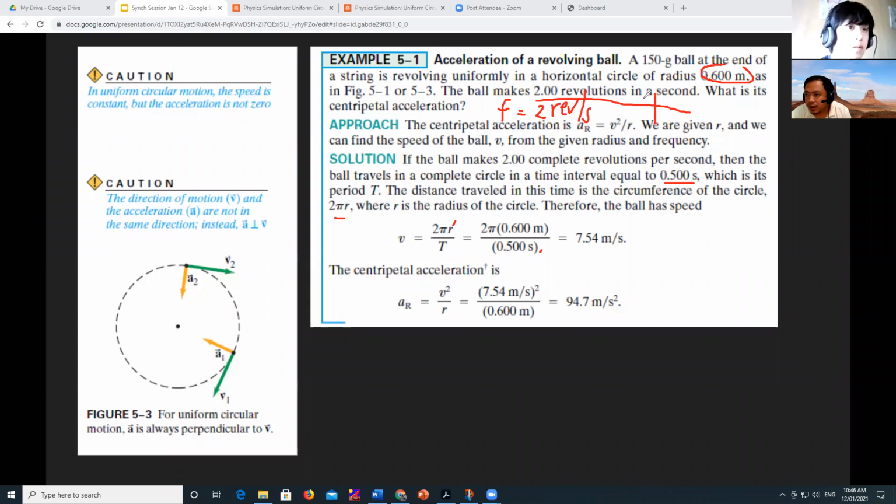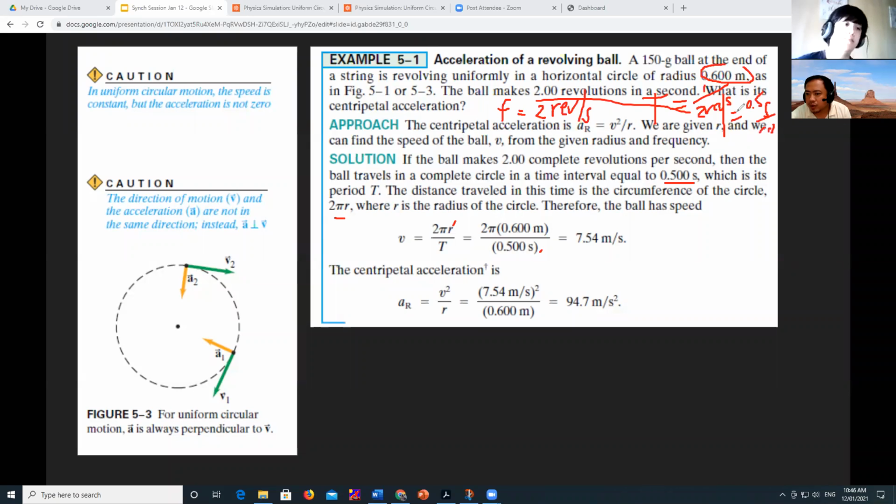Therefore your period is the inverse, right? So we have seconds per revolution: 1 divided by 2 rev per second. That becomes seconds in the numerator, which is 0.5 seconds per revolution.